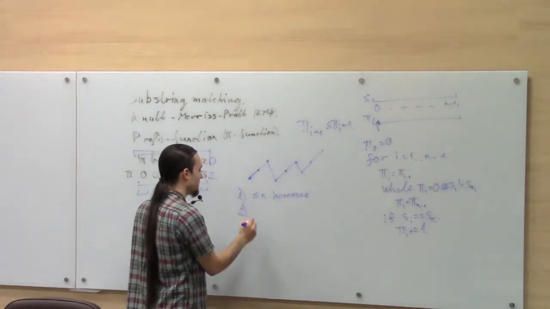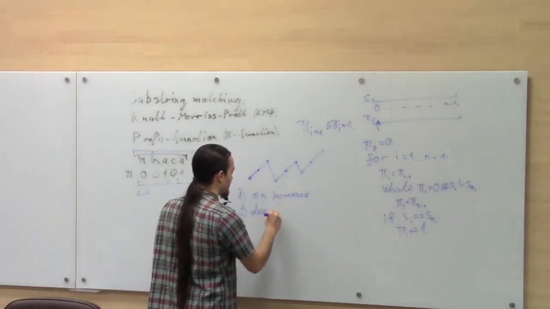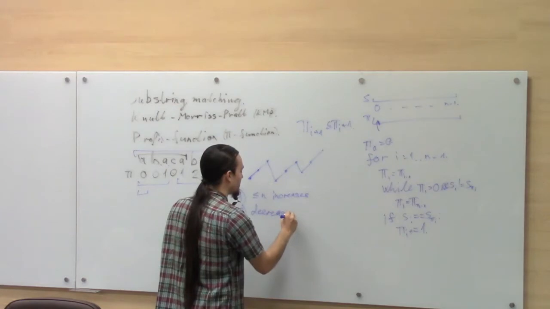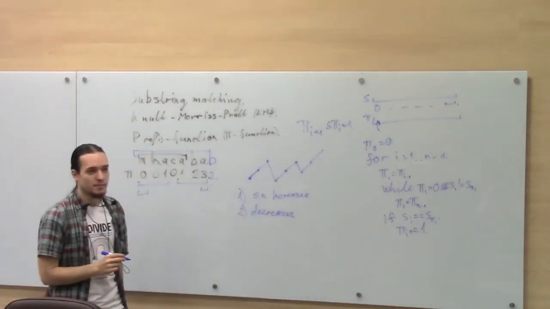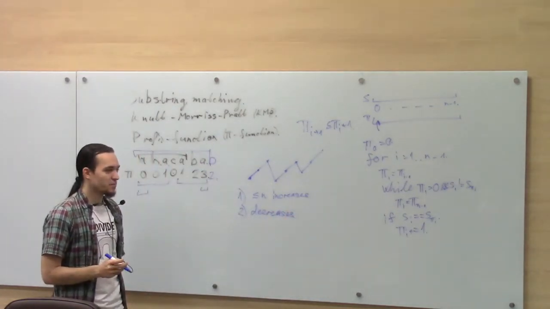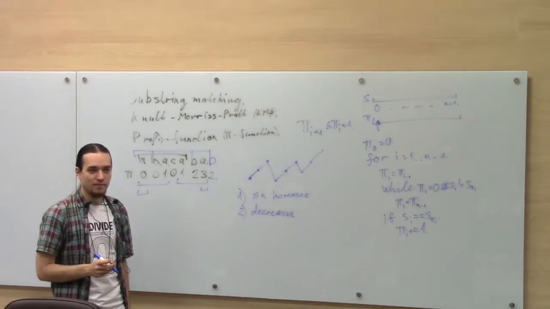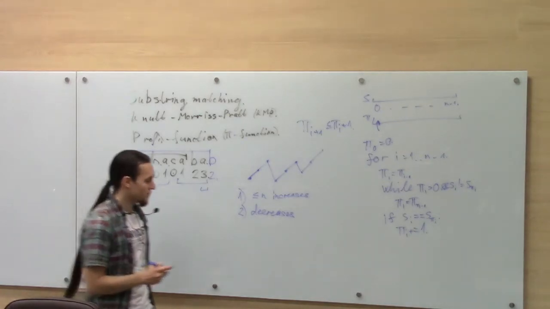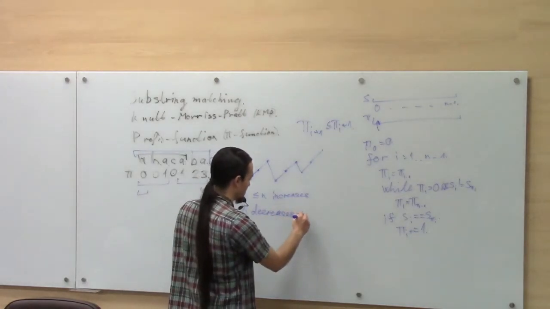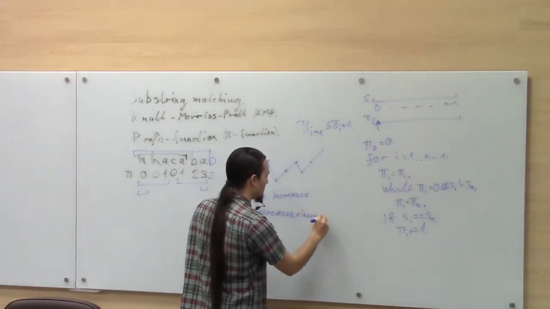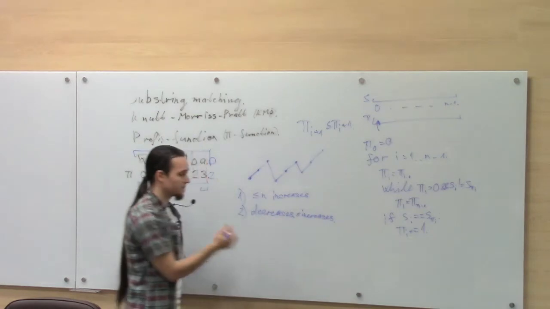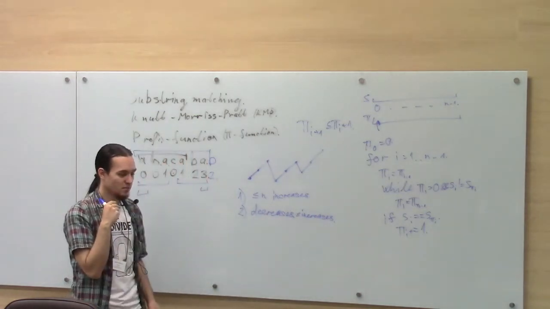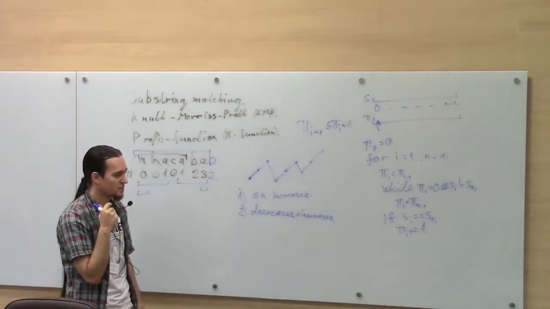And we also have decreases, and we are not sure how many of them there are, but we know that the prefix function is never negative, so that must mean that the number of decreases should not exceed the number of increases, because otherwise, since every decrease basically decreases by at least 1, right?